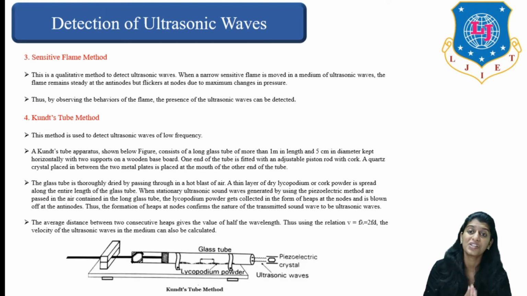When a stationary ultrasound wave is generated using the piezoelectric method in the air contained in the long glass tube, the lycopodium powder gets collected in the form of heaps at the node and is then blown off the antinode. Thus, the formation of heaps at the node confirms that the nature of the transmitted sound wave is ultrasonic.